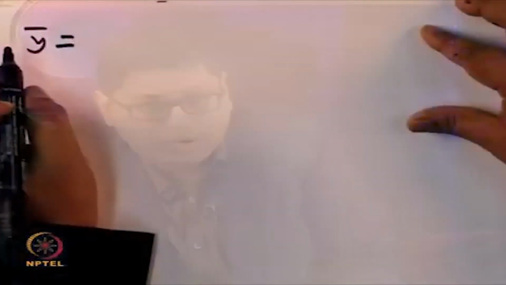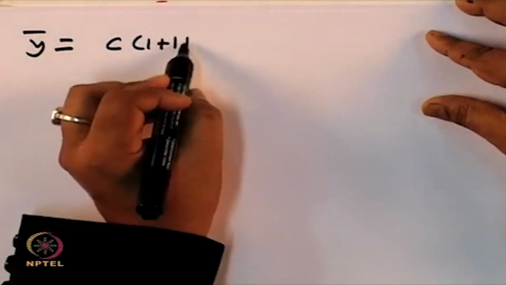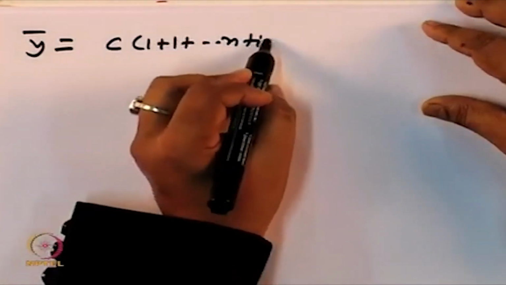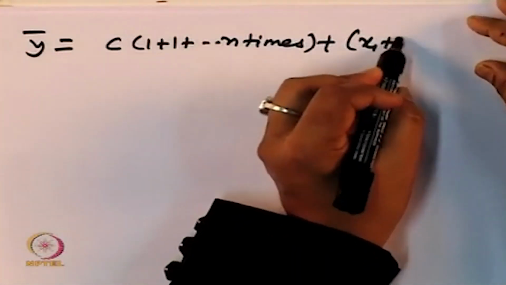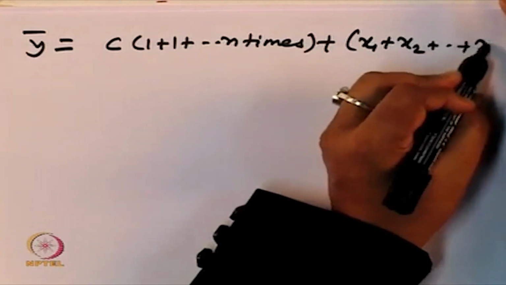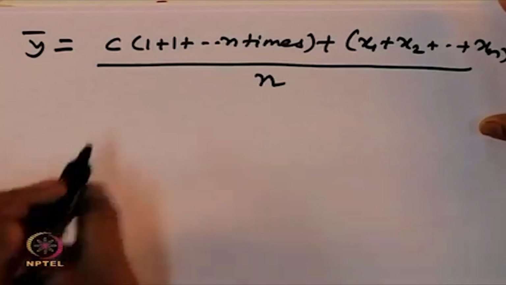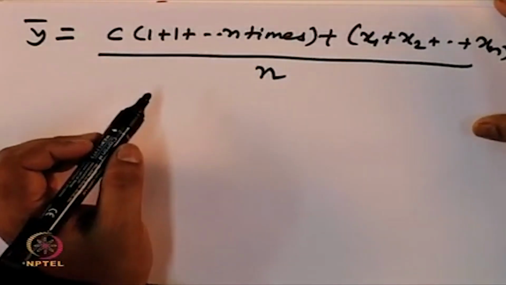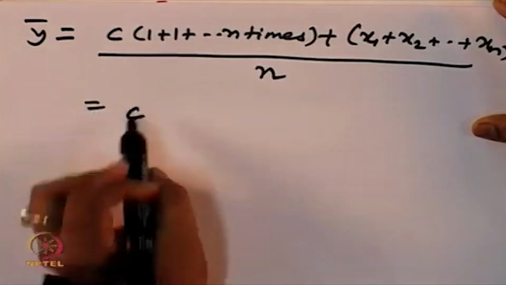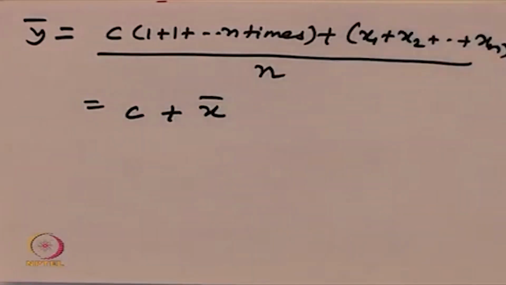So, if that is so, in my definition of y bar, I can take c common, but c is 1 plus 1 plus 1 n times, then you have x1 plus x2 plus xn and this whole thing divided by n. Okay. Now, this 1 plus 1 plus 1 n times is simply n. So, this gives me the formula c plus, and this remaining thing is x bar. So, y bar is c plus x bar.